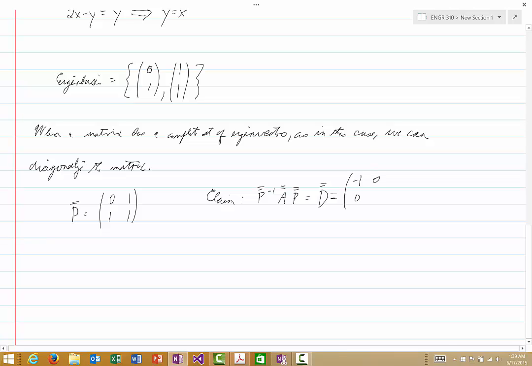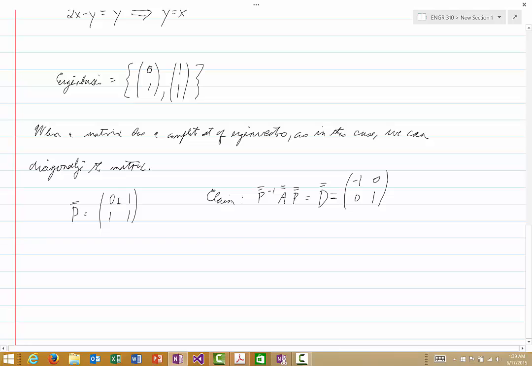And then the eigenvalue that will appear down here in this position will be the eigenvalue that goes with 1, 1, which is positive 1. Had we chosen P to be the matrix with 1, 1 in the first column and 0, 1 in the second column, then D would be the matrix with positive 1 up here in the upper left-hand corner and negative 1 in the lower right-hand corner.